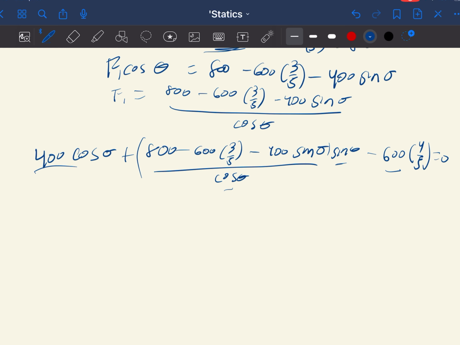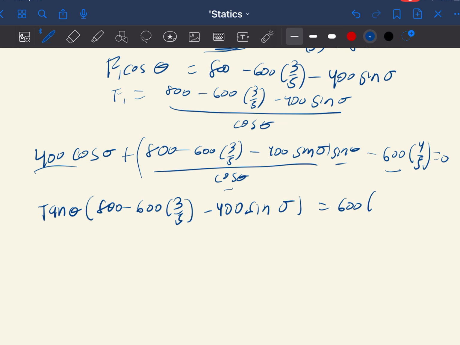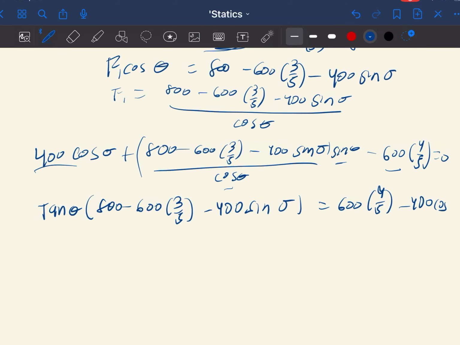So what does that mean? That means I have tan theta times 800 minus 600 times 3/5 minus 400 sine sigma is equal to 600 times 4/5 minus 400 cosine sigma. And now I'm just going to divide this out and take the arctangent, and that's going to give me my angle.